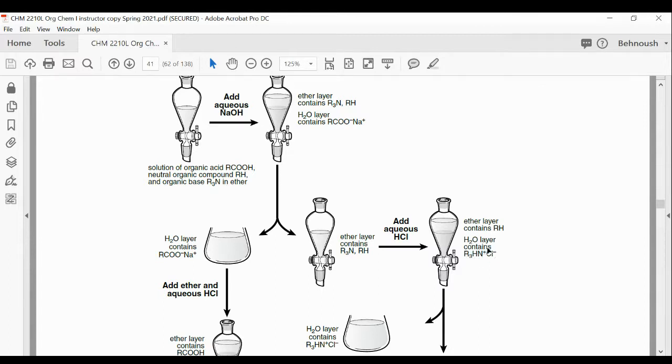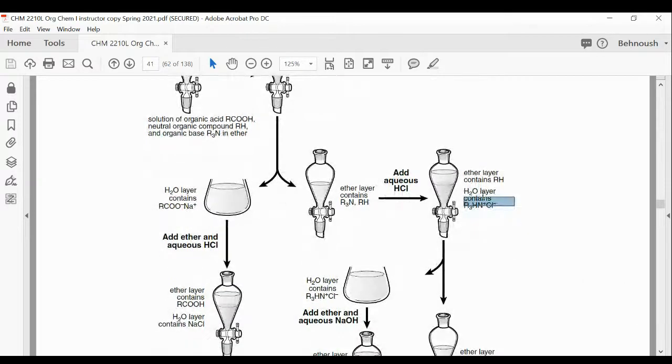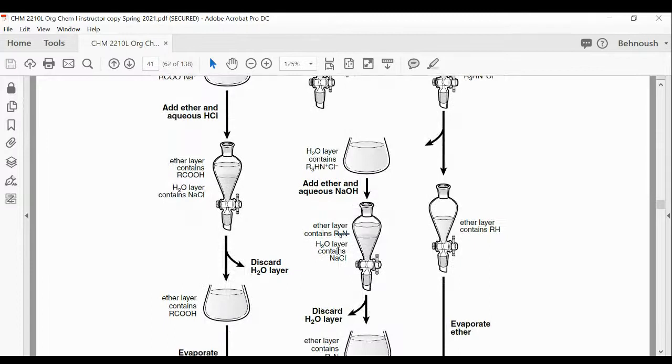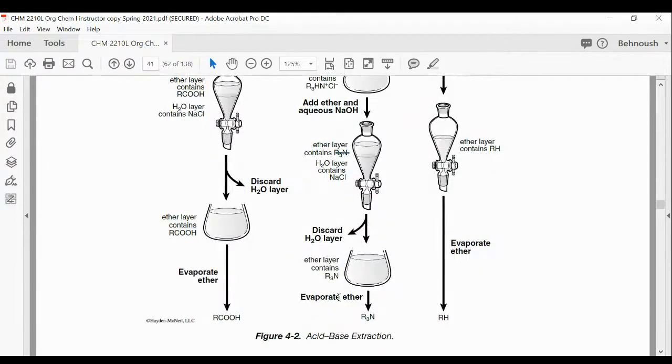And when you remove the H plus, you are going to end up with R3N, or recover the base. If you want to recover the base from the salt of the base, you add a strong base. So when you add a strong base, it's going to change it to the original compound, and because it's not soluble in water, you are going to separate it.